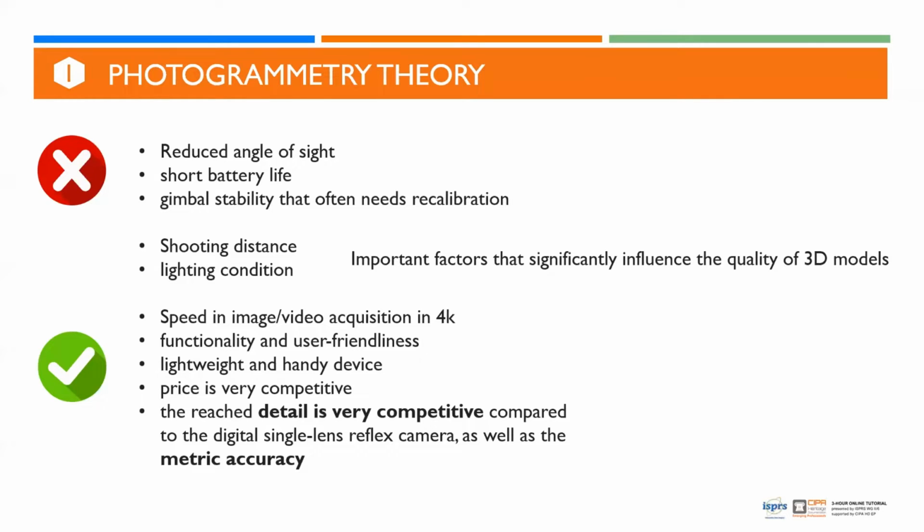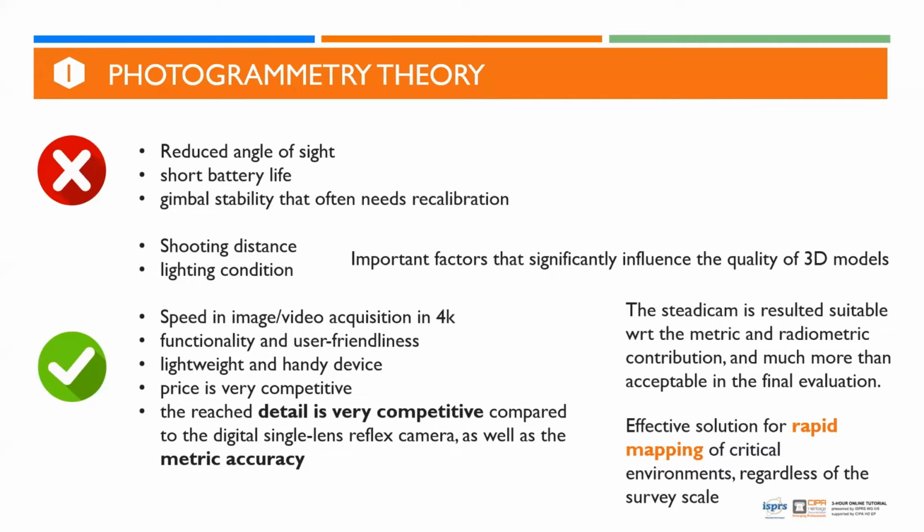So, for example, the speed in the image or video acquisition, its user-friendliness, the functionality, the lightweight, the price, and also the fact that the rich detail is very competitive if compared to the other camera, as well as the metric accuracy. So I can tell that these solutions are really effective solutions, especially for rapid mapping.